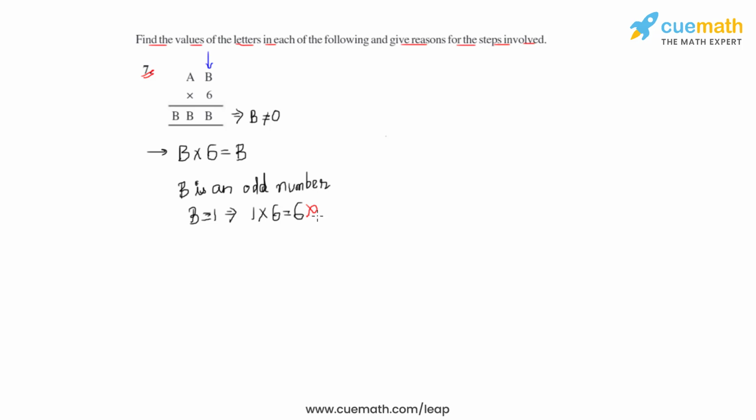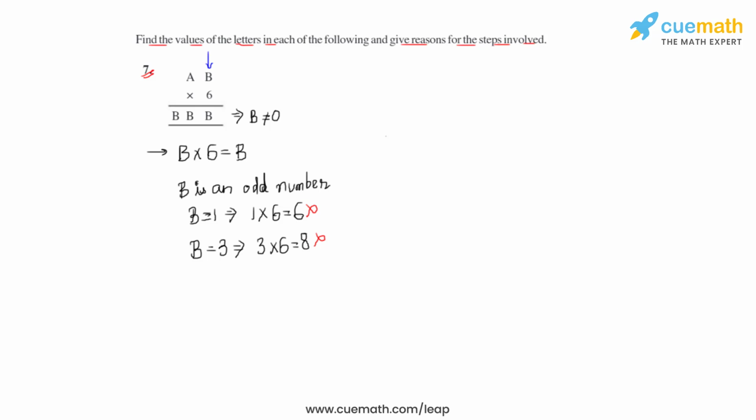So this particular assumption is ruled out. Again, if we observe B to be 3, which is the next odd number, 3 times 6 would again result in a number whose ones place would be 8, and it's not 3 as it should be, because B times 6 should be B.